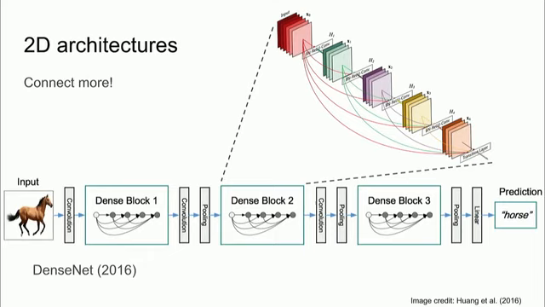And then other people followed up on that idea of adding connections between blocks of layers. So for example, here it's an architecture called DenseNet that uses the same principle, except that it connects whole blocks of layers together, and it achieved a small performance improvement.